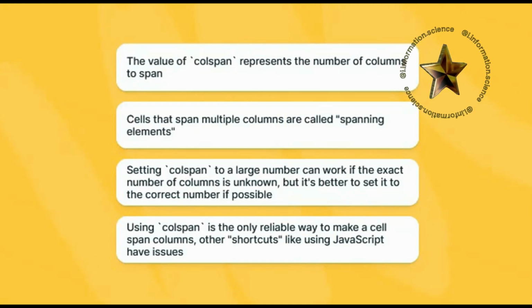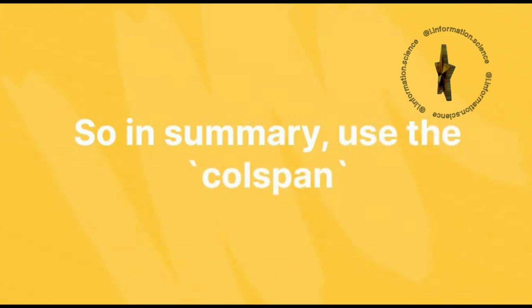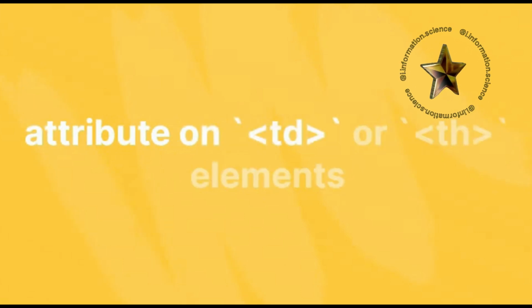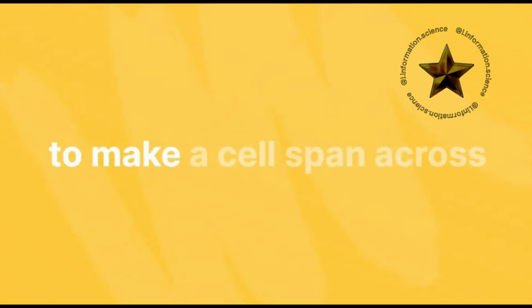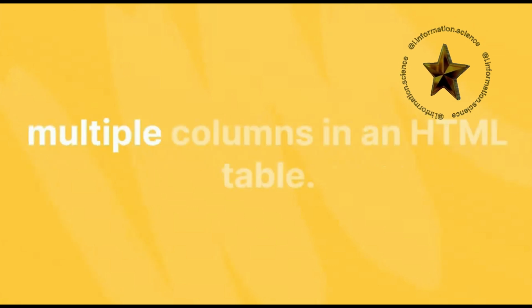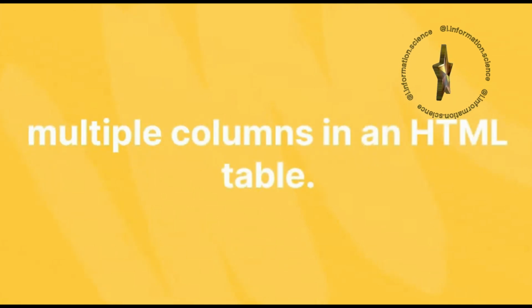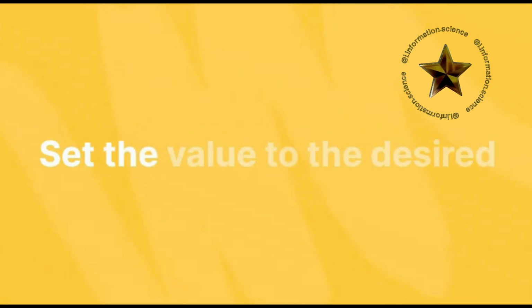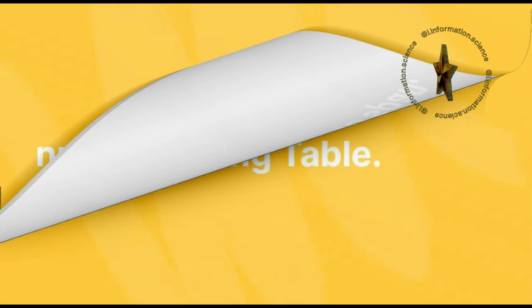Using colspan is the only reliable way to make a cell span columns. Other shortcuts like using JavaScript have issues. So in summary, use the colspan attribute on td or th elements to make a cell span across multiple columns in an HTML table. Set the value to the desired number of columns to span.